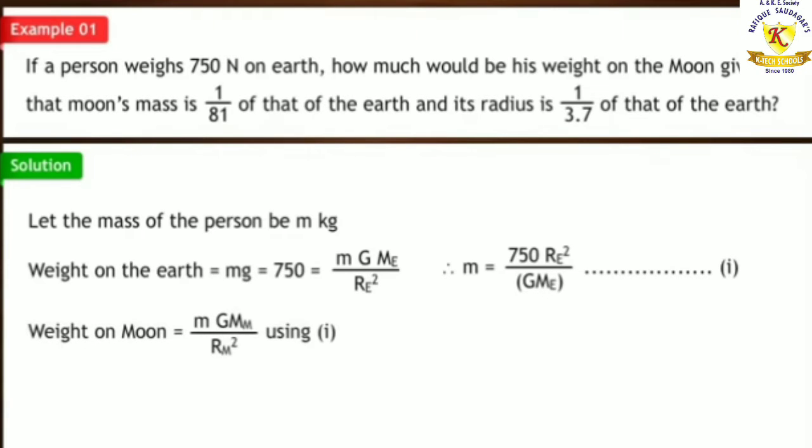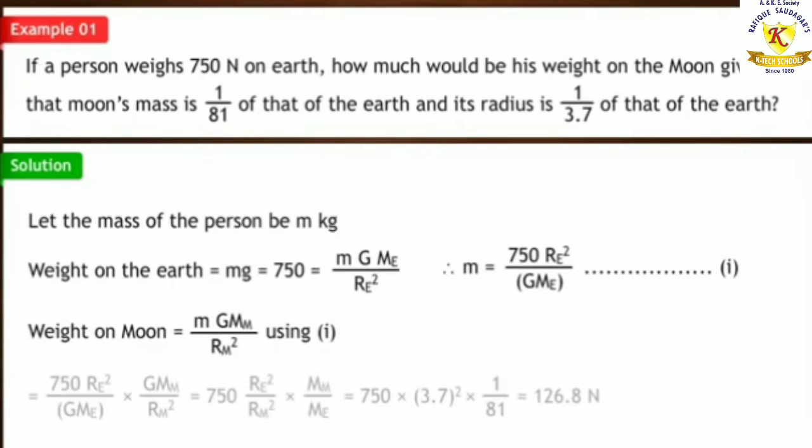Weight on moon is equal to G M m M_m upon R_m square. Using equation 1, we get 750 R_e square upon G M_e into G M_m upon R_m square, which is equal to 750 R_e square upon R_m square multiplied by M_m upon M_e.